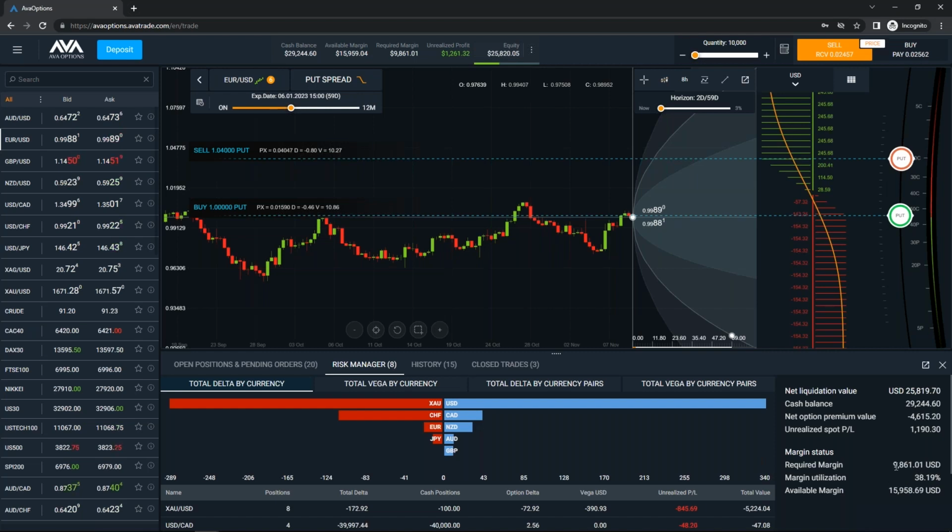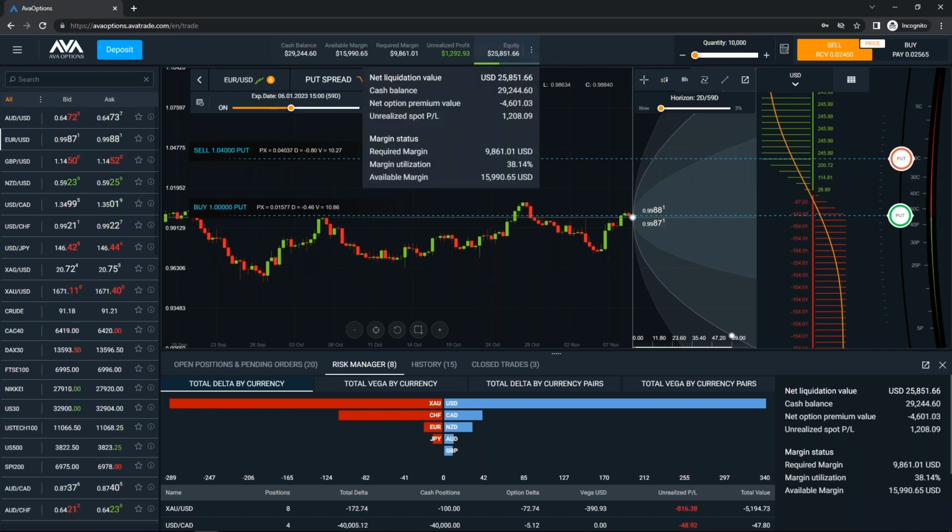My required margin is $9,800, which means I'm using 38% of my available line. And that's why you have this green bar under my equity. That green bar is 38% of the way across. If it gets above 70, that line will turn yellow to warn you that you're approaching your margin limits.